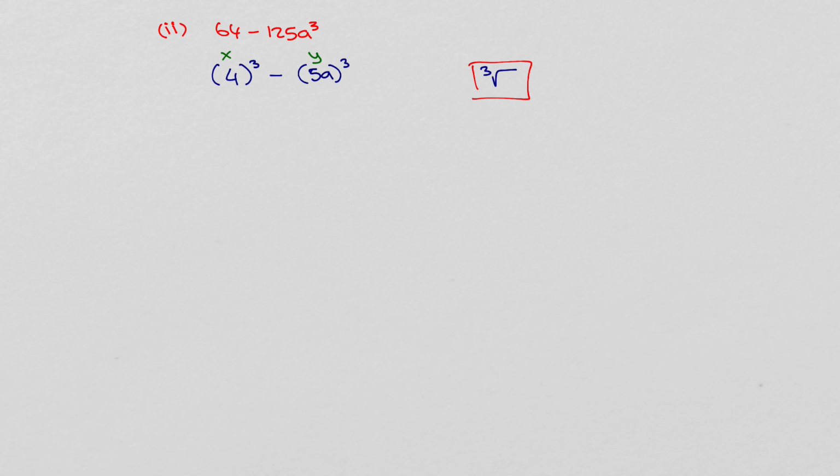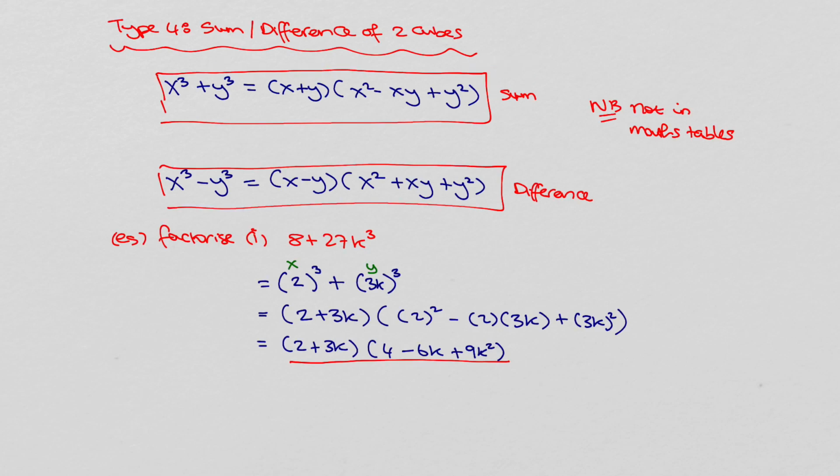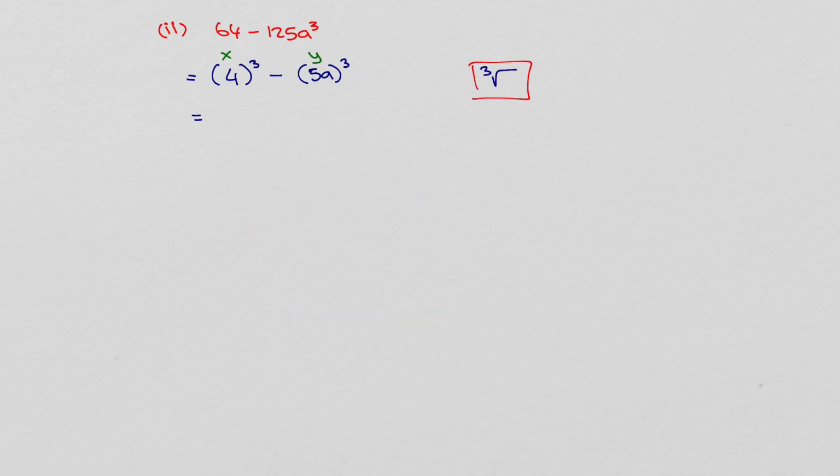So again, if I compare this to my equation, the first term is x, the second term is y. And if we just remind ourselves of the difference of two cubes equation, it's going to be x minus y times x squared plus xy plus y squared. So that's the first term minus the second term, the first term squared plus the first term times the second term plus the second term squared.